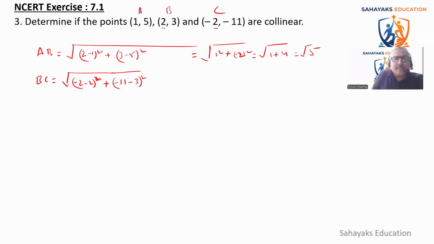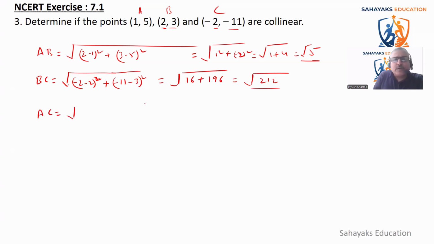So it comes out to be minus 4 whole square is 16, plus minus 11 minus 3, which is minus 14. Minus 14 square is 196. And if I add it, 6 plus 6 is 12, 1 plus 1 is 2, so it is 212. So this comes out to be square root of 212. The first value comes out to be this, the second value comes out to be this, and then we'll find the value of AC also.